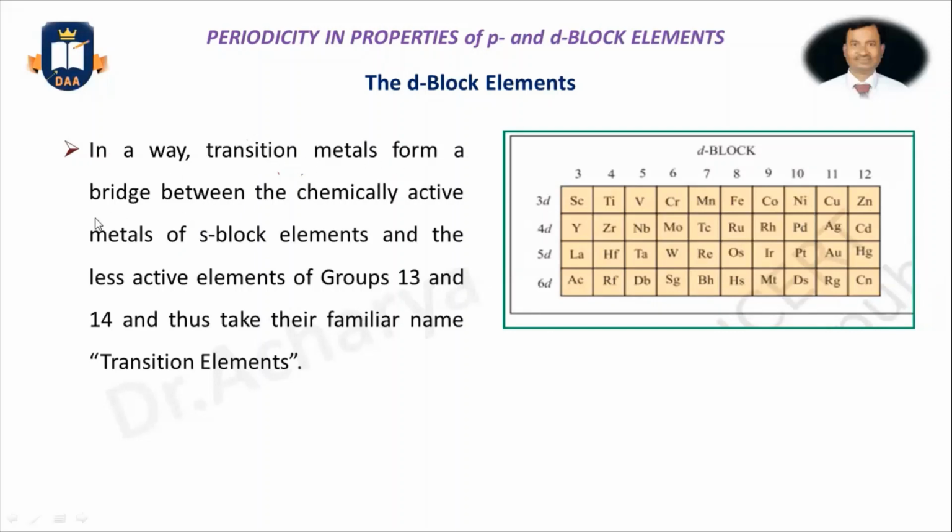Transition metals form a bridge between the chemically active metals of the s-block elements and the less active elements of groups 13 and 14. If we remember the long periodic table, the extreme left side is the s-block elements, belonging to groups 1 and 2, then the d-block elements, and the extreme right side is the p-block elements, whose groups are 13, 14, 15, 16, 17, 18.